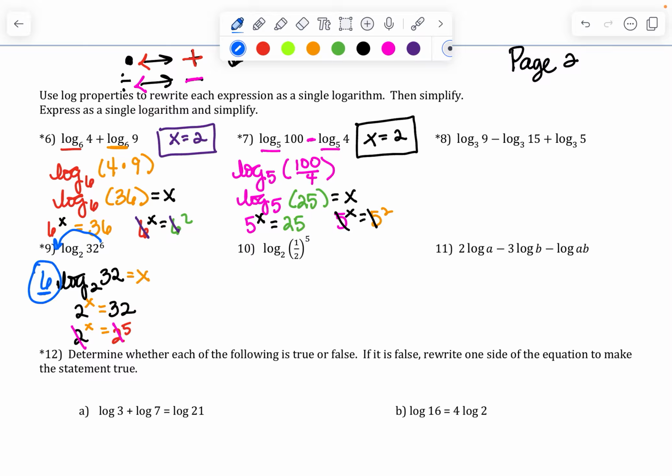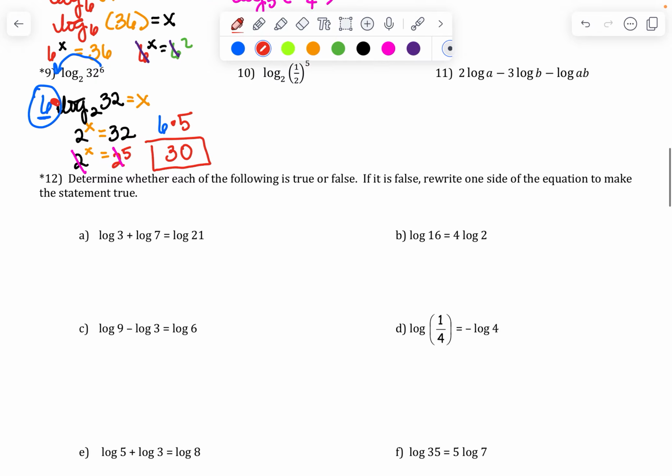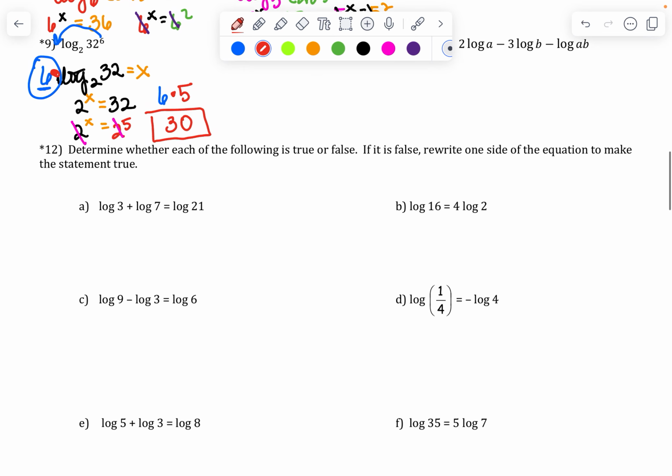So the next one, I'm going to do this side over here first. Let's see if I can get that. So remember, when you have subtraction, you need to think division. So I'd have log of 9 over 3. If I break that down, log of 3. That does not equal the log of 6. So this is false.